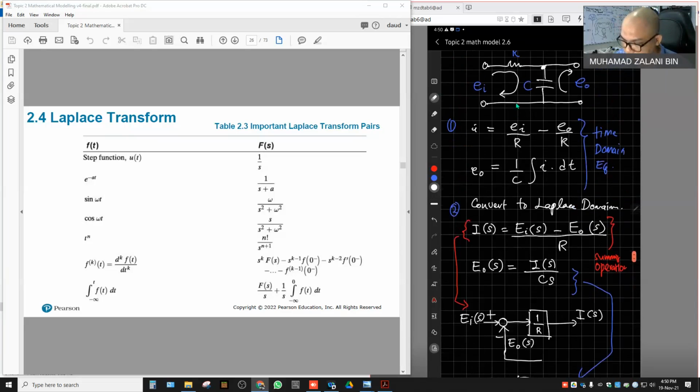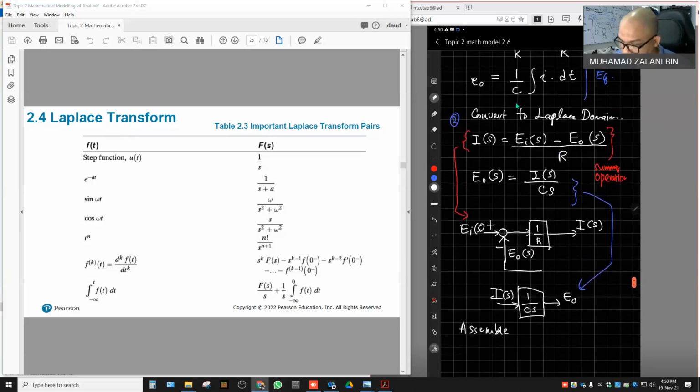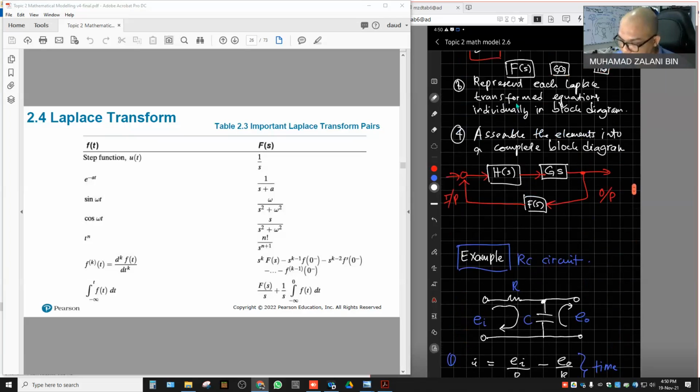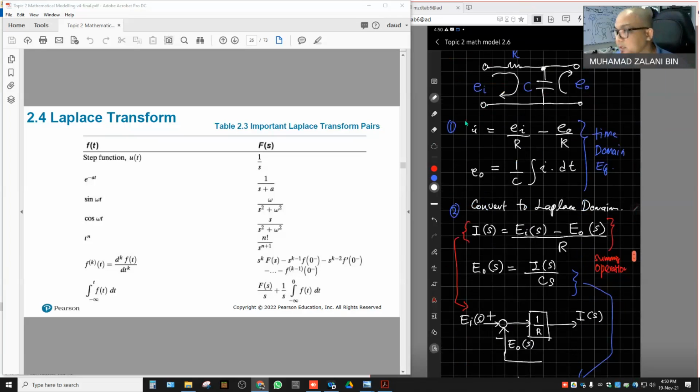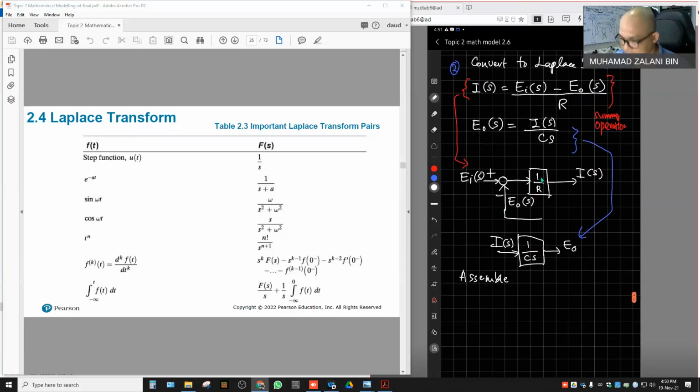which is to represent each Laplace transform equation individually in block diagram. Individually, the keyword here is individually. For the third one, from this equation, we represent individually, which is this one and that one, in the form of block diagram.